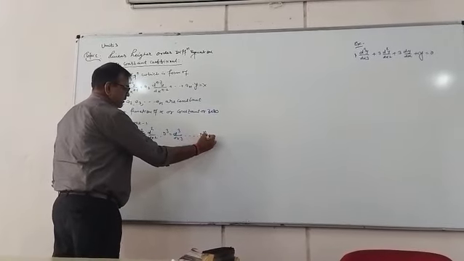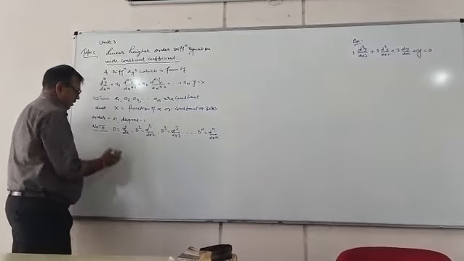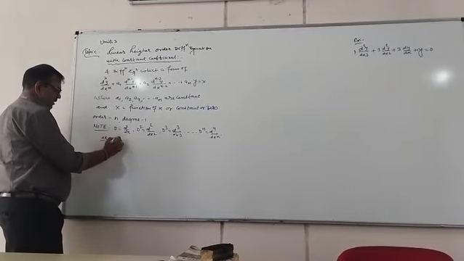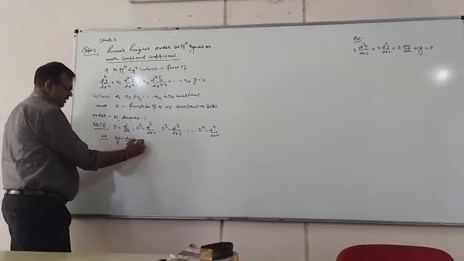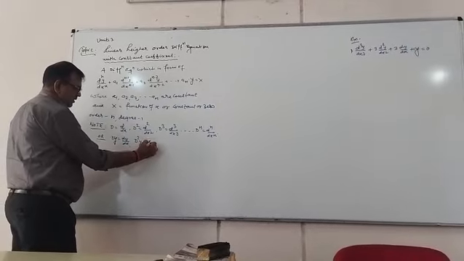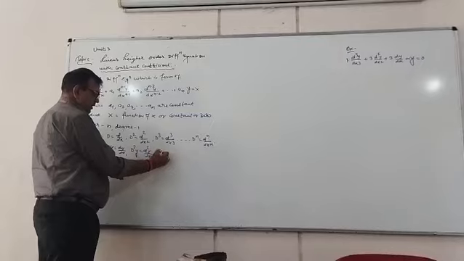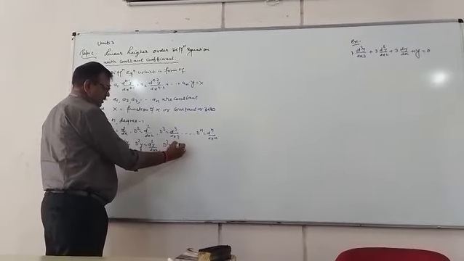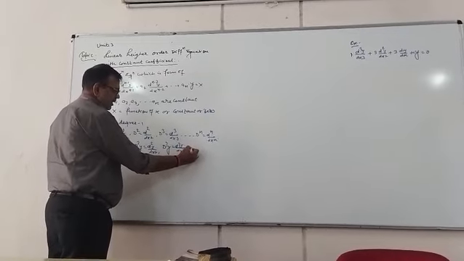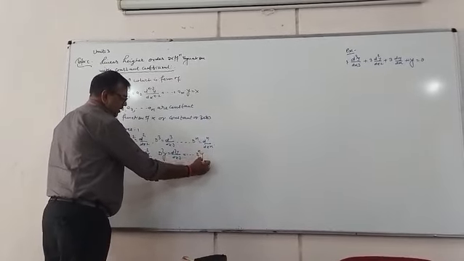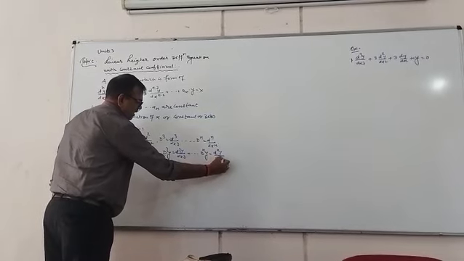And D^n means d^n upon dx^n. Also Dy means dy by dx, D square y means d square y upon dx square, D cube y means d cube y upon dx cube, and so on, D^n y equals d^n y upon dx^n.